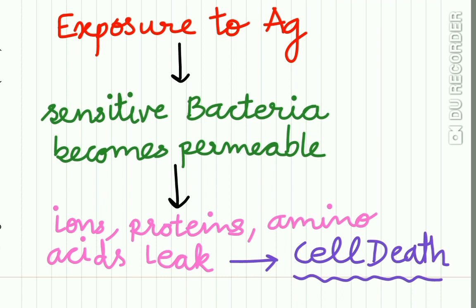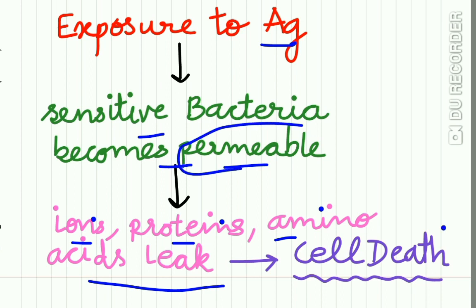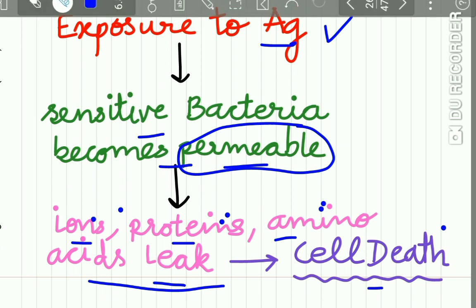Now, after exposure to aminoglycoside, the sensitive bacteria become more permeable to ions, proteins, amino acids, and through this permeable membrane, the ions, proteins and amino acids leak out, and because of this cell death occurs. So permeability of the bacterial cell is altered by aminoglycoside, which causes leaking of the important macromolecules inside the cell, leading to cell death.